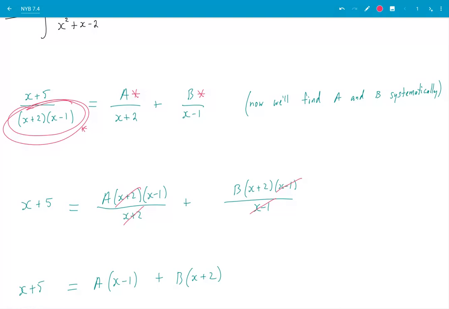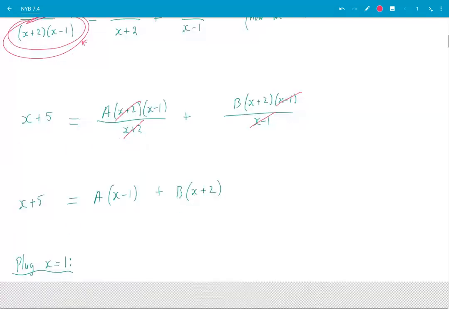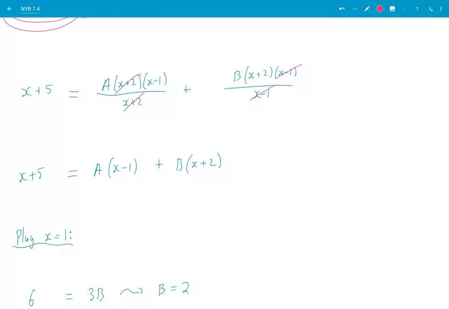So what I can do is just start plugging in x's. I can do so at random, that will also work, but I'm going to make clever choices. So I'm going to go x equals 1. Why did I go x equals 1? Because that will make this term disappear. So if I plug in x equals 1, I get 6 on the left, and then I just get 3b here, and then 0 for the rectangled bit here.